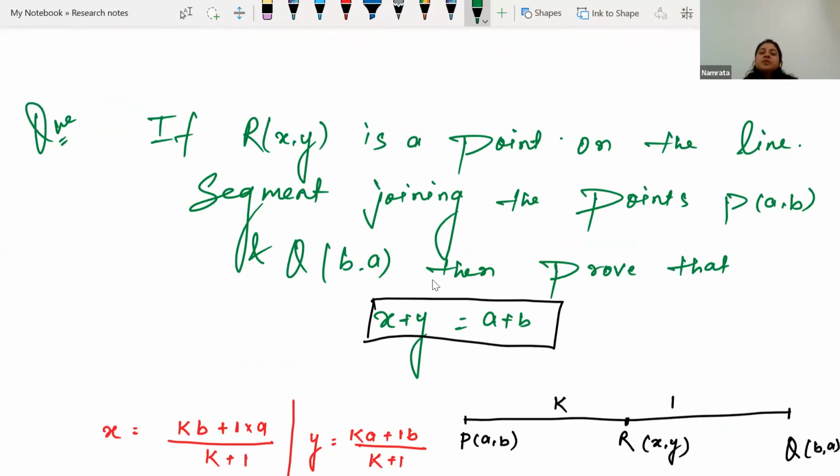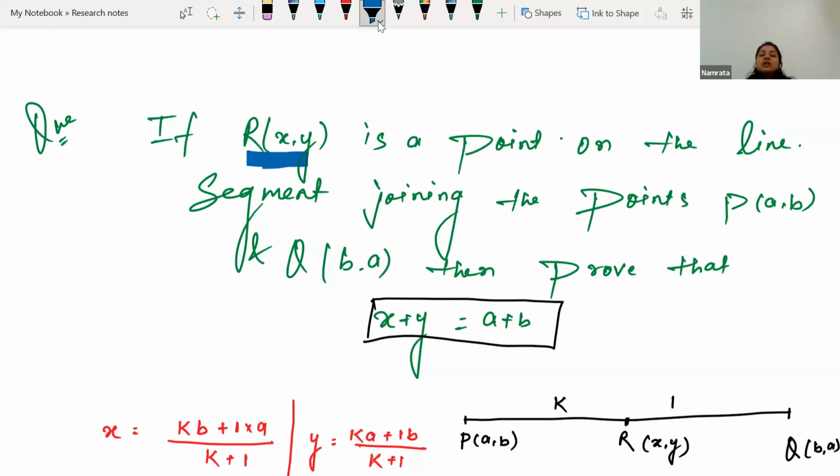Another point is Q, and there is a point R which is sitting on this line segment. So we are saying, let's say this point is dividing this line segment PQ in the ratio k is to 1. Now we are using the section formula. It is dividing it internally in the ratio k is to 1.